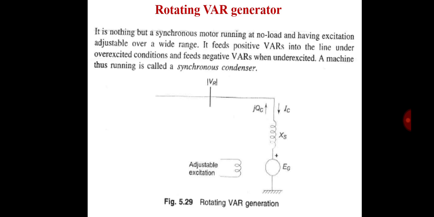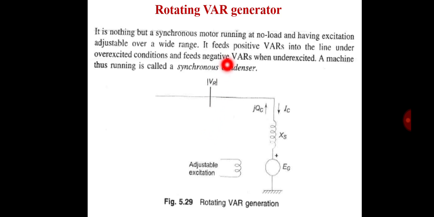Now, rotating VAR generators. It is nothing but a synchronous motor running at no load and having an excitation adjustable over a wide range. Here we connected a static VAR capacitor bank, and here a synchronous generator is connected.